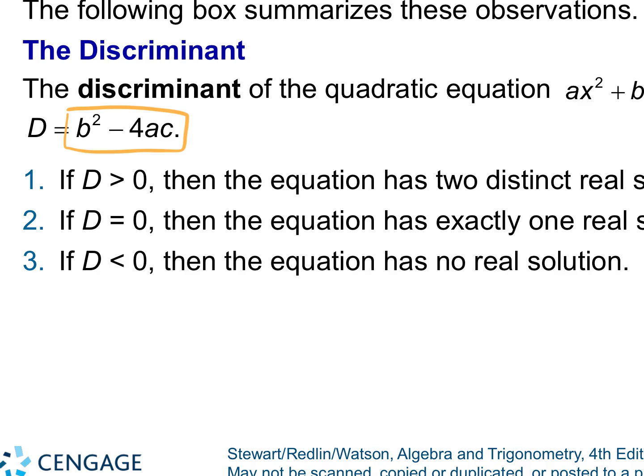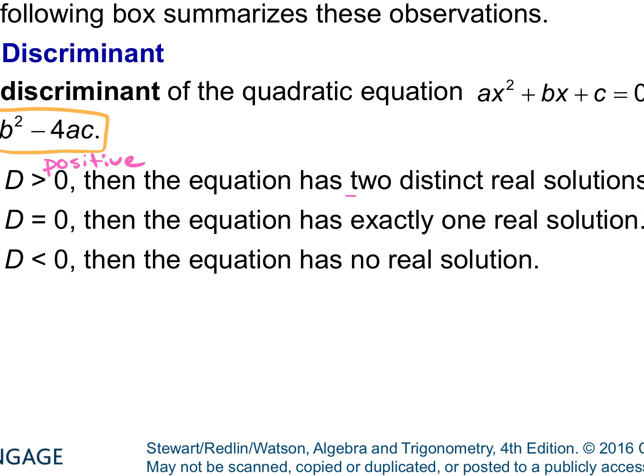If the discriminant is positive, so if it's greater than 0, meaning that it's positive, then our equation has 2 real solutions. If our discriminant is equal to 0, then our equation has 1 real solution.